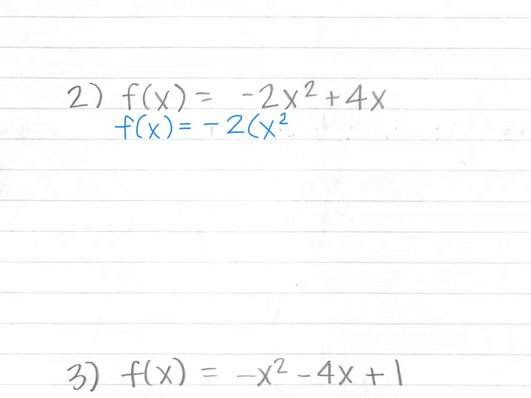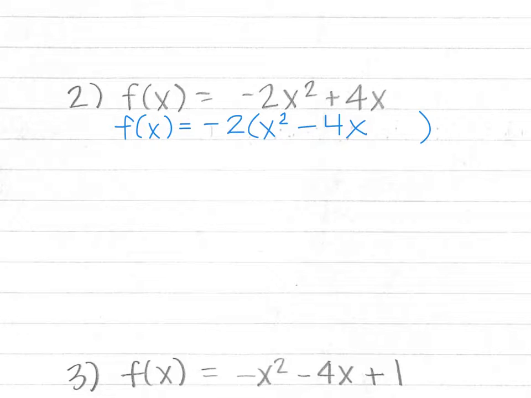So when we factor out the -2, we're going to have a positive x squared minus 2x. And because we're not adding any constant in the original, we don't need to have anything outside at the moment. So now we need to determine what we are going to add.